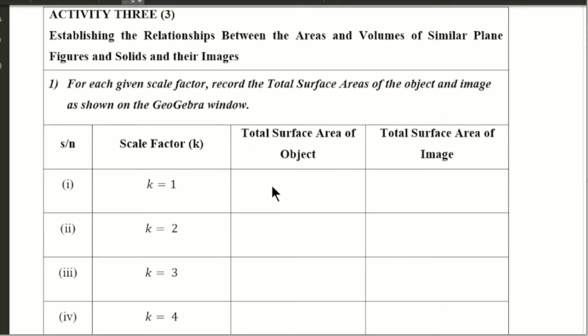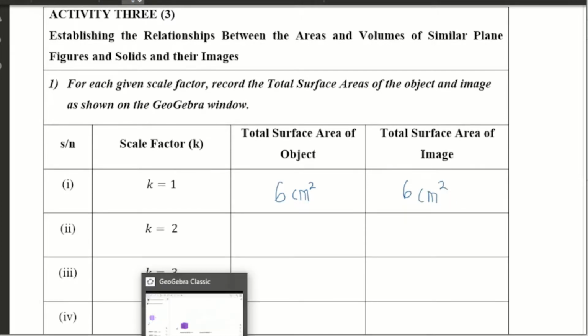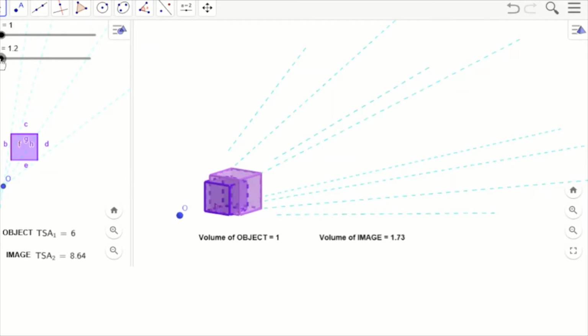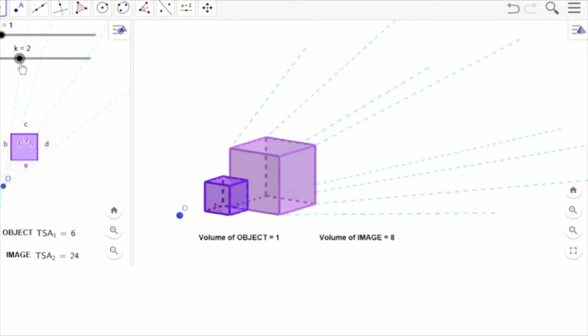So over here we observe that the total surface area of the object is, let's use centimeters for the units, 6 centimeters squared. The total surface area for the image is also 6 centimeters squared. Now let's try a scale factor of 2. We adjust the scale factor to 2 units.